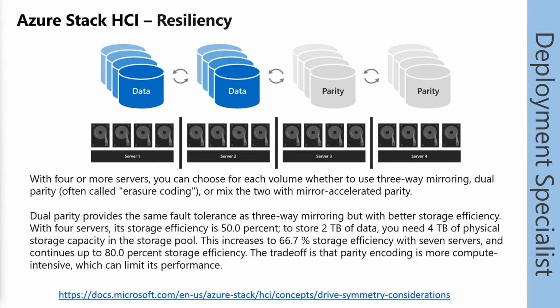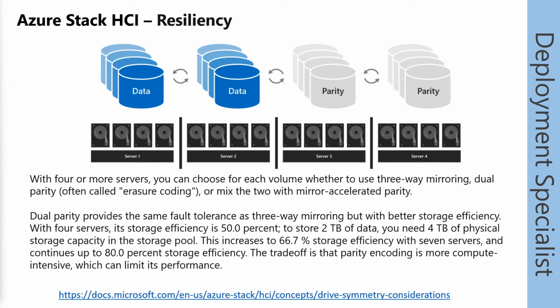For sure, we can combine mirror and parity to have a so-called mirror accelerated parity volume to take the advantage of the performance of the mirror and the advantage of the parity for the storage efficiency.